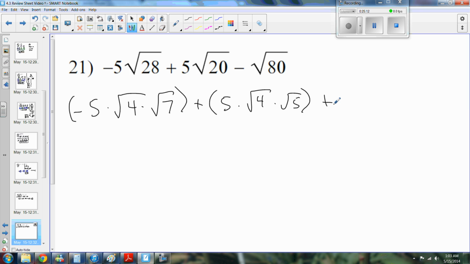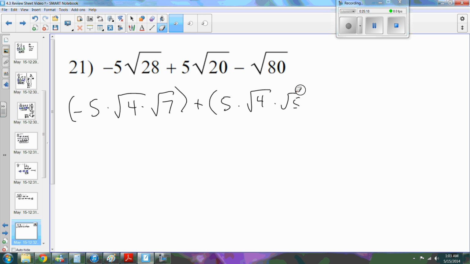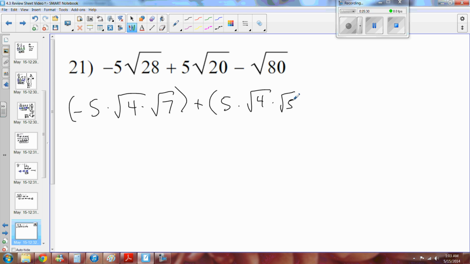And then negative, oh, that's not a positive. That is a negative. Let me rewrite all that. So this is root 5 minus the square root of 80.